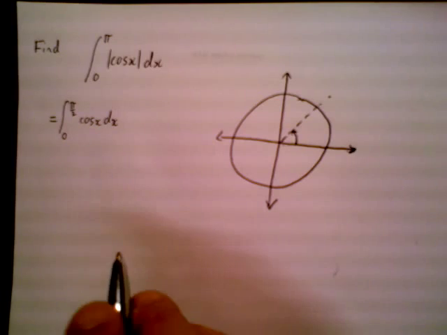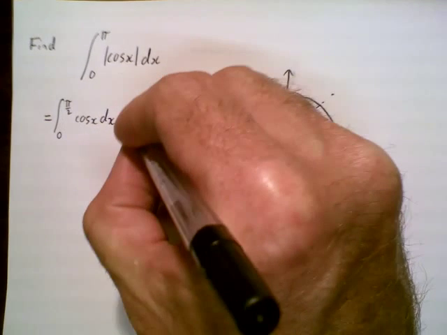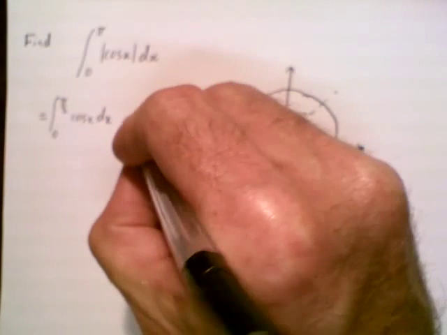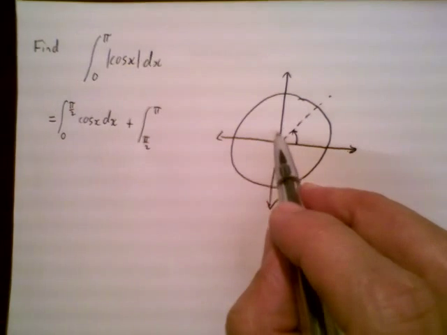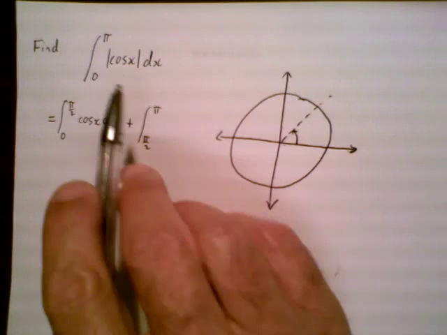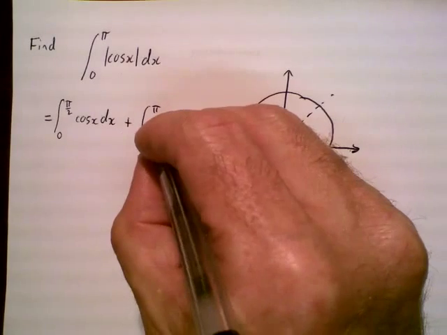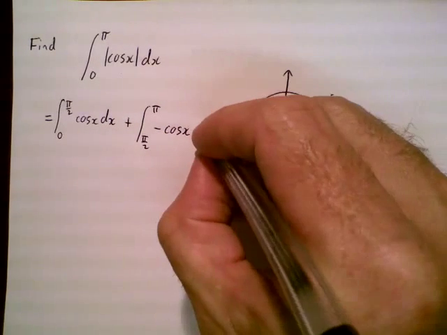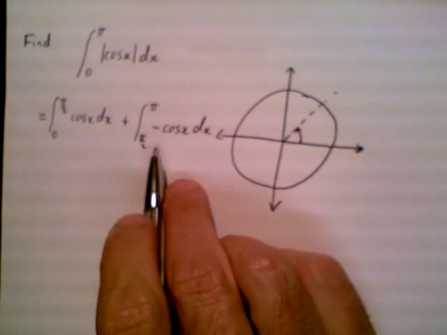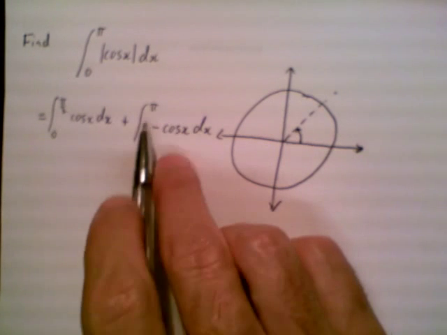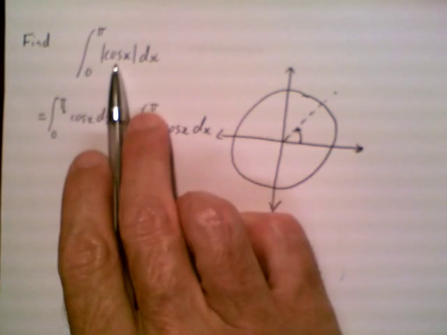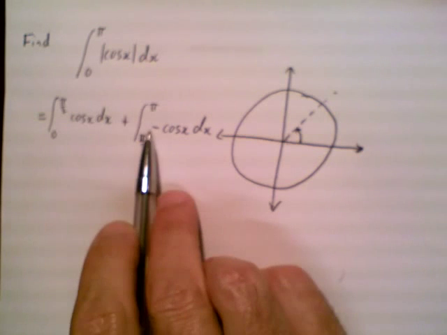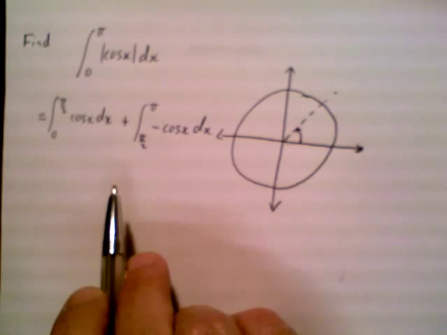And then we can add the integral from pi on 2 to pi, where the absolute value of cosx will be the same as the negative of cosx dx. Reason being is that within this range, cosx will generate negative values, so to get the absolute value, we need to multiply cosx by -1.